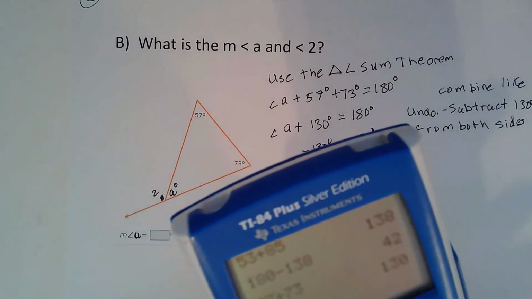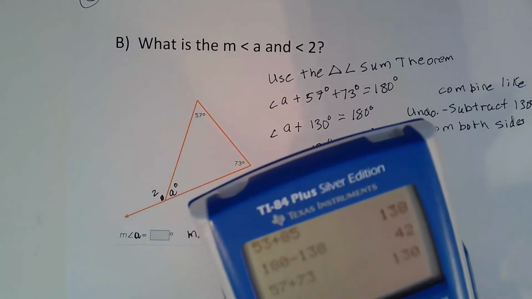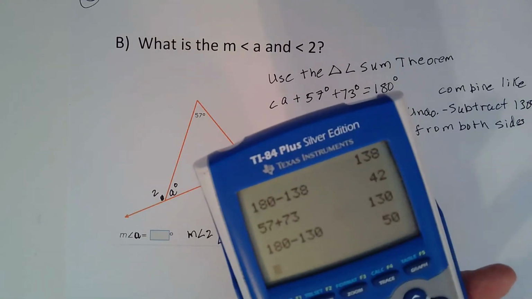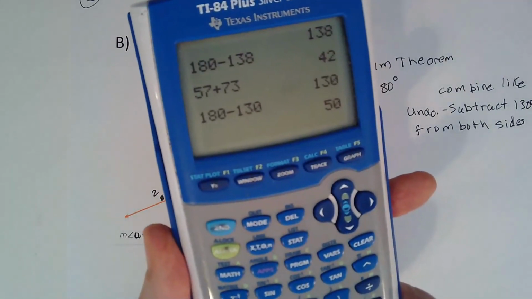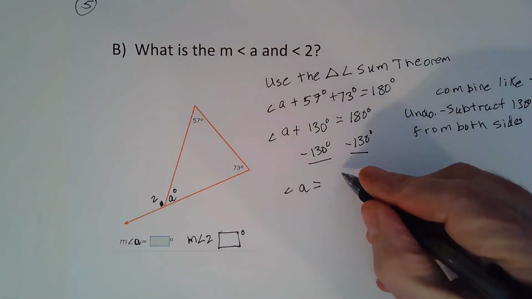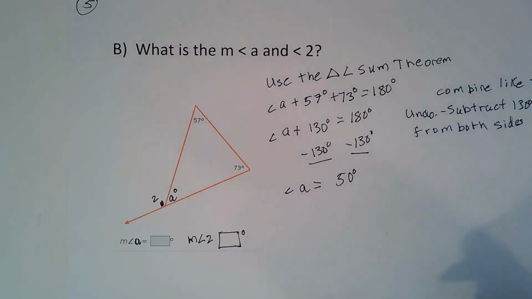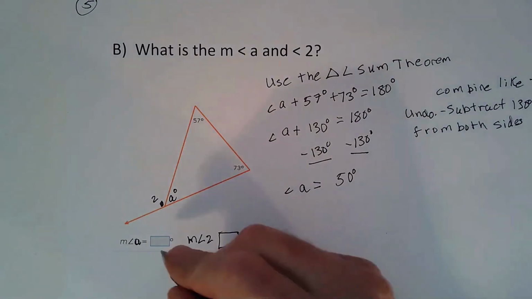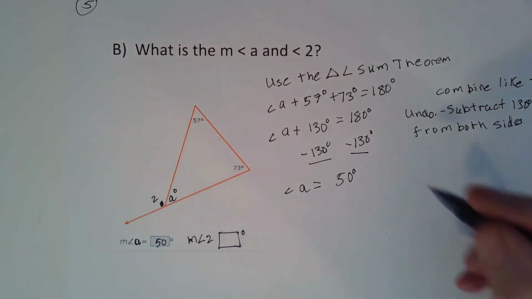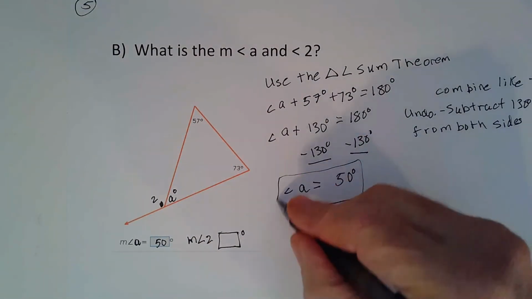Most people can figure that out, but 180 minus 130 should equal 50 if you look at it. Okay? All right, so angle A equals 50 degrees. All right, so we can put that in here. And we know what angle A is now.